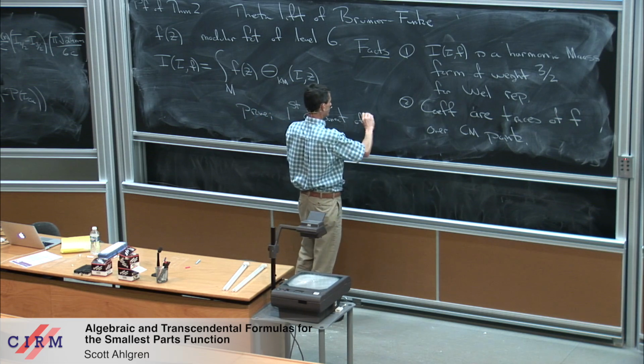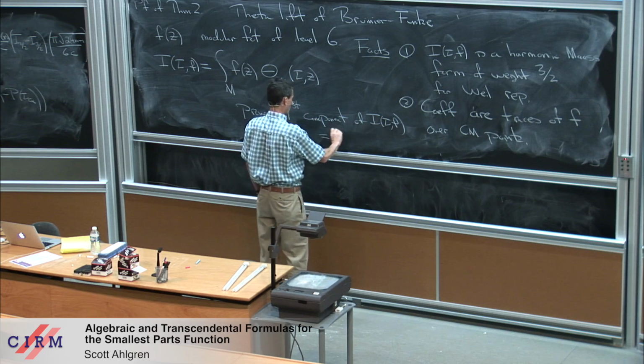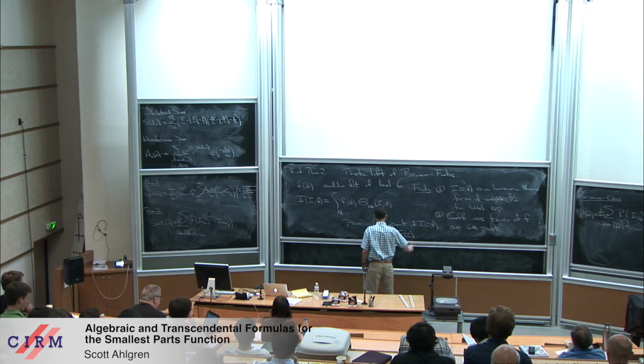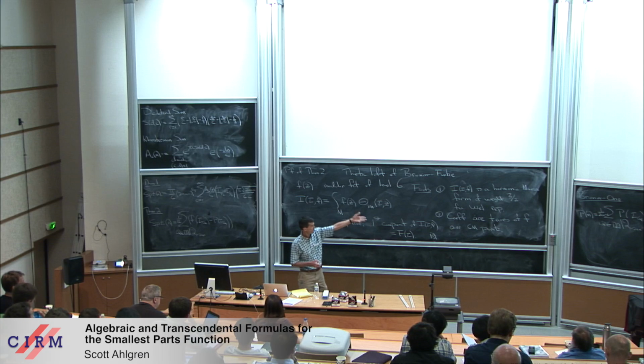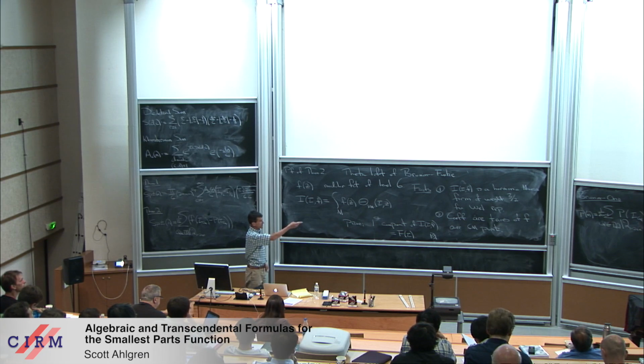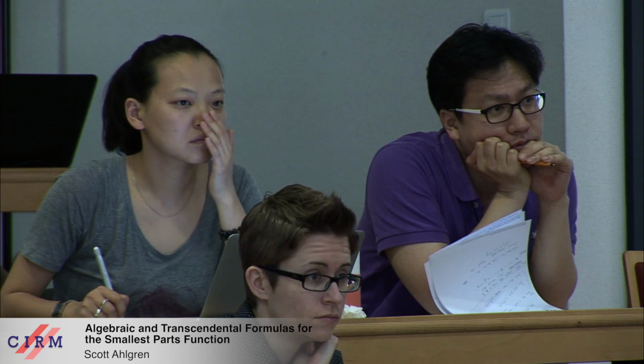This is basically the proof of this algebraic formula. It's similar to the proof of Bruinier-Ono of the algebraic formula for P of n. So that's how that goes.